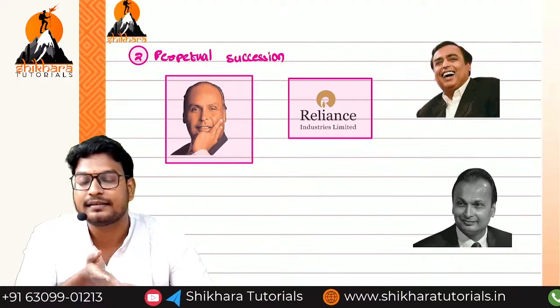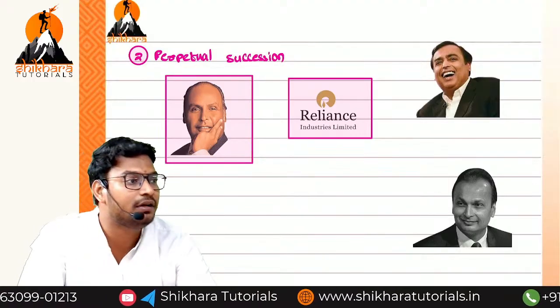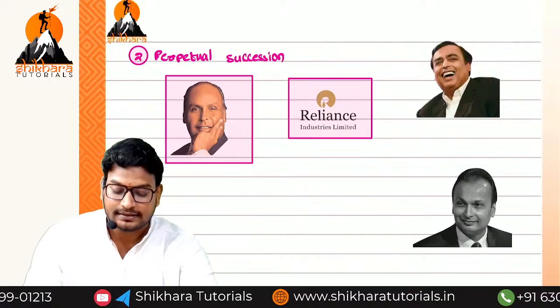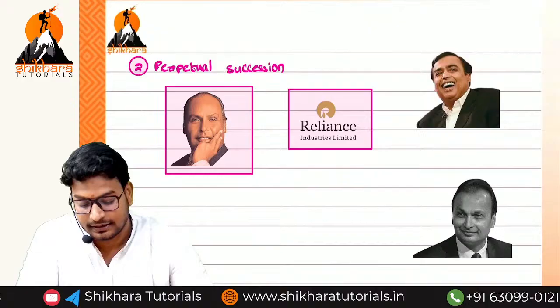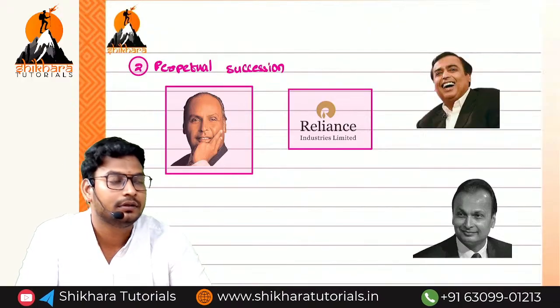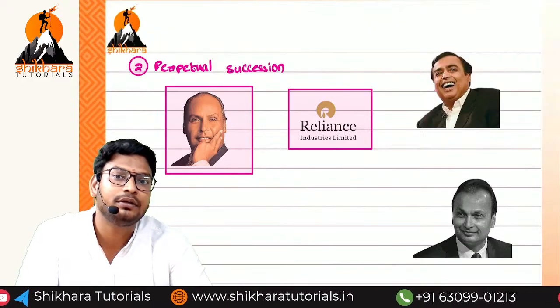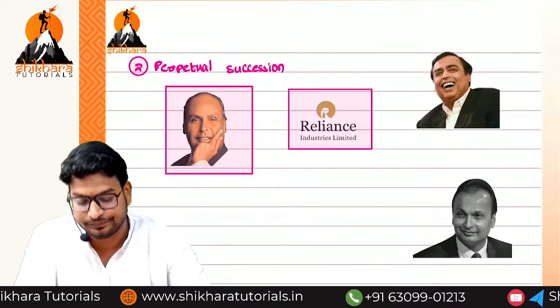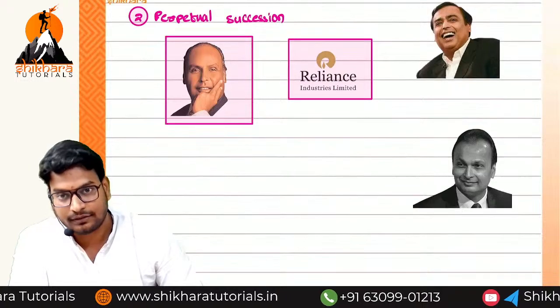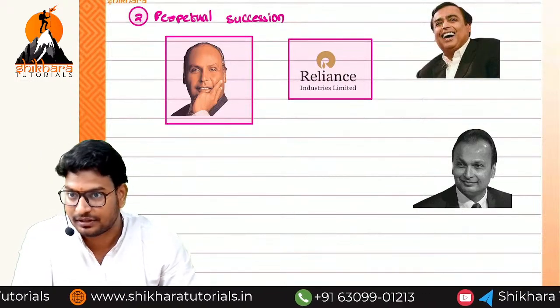If the partners die, will the partnership be there? It will not be there. So that is the reason the company has perpetual succession. Because of this reason also, people used to form companies instead of forming a partnership. So this is one example. I think you have got a clear picture about this.